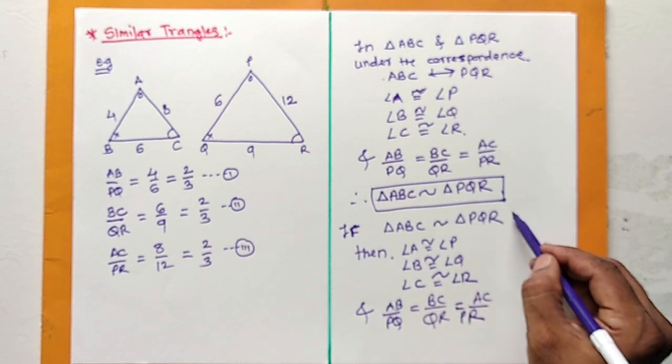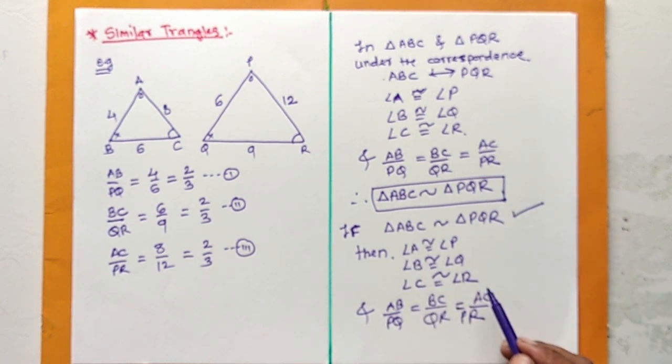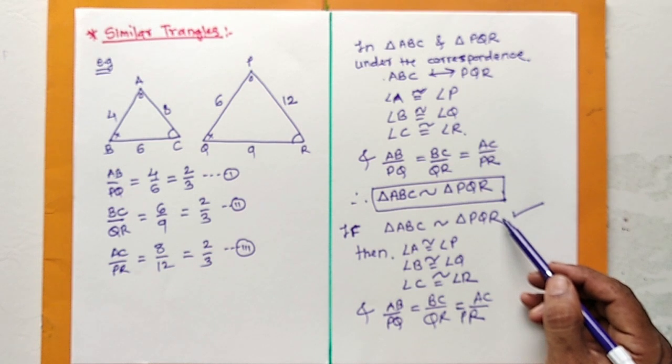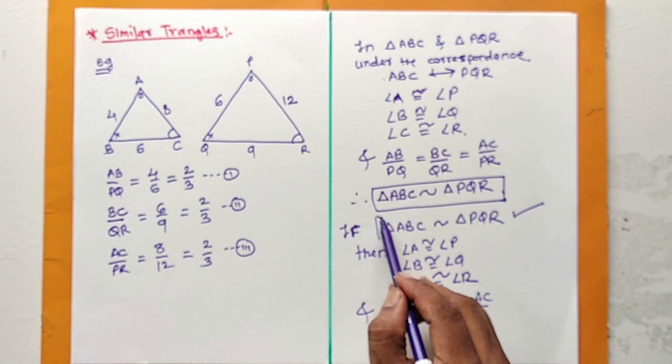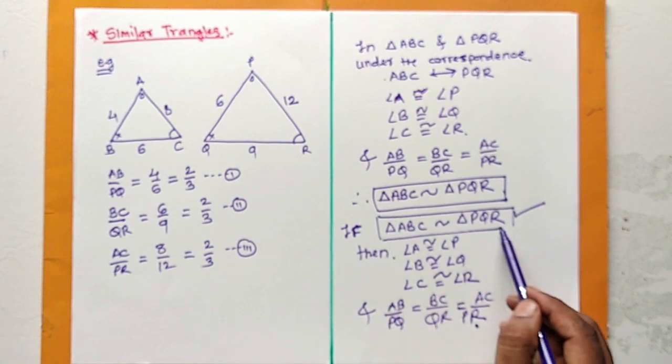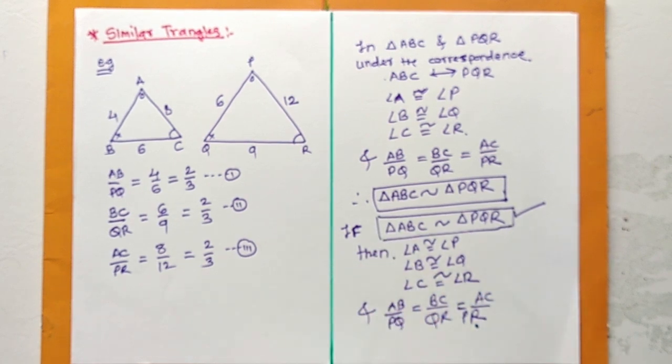This is the important point. If two triangles are similar, then their corresponding angles are congruent and corresponding sides are in proportion. While solving some examples, we use the converse of the definition of similar triangles.